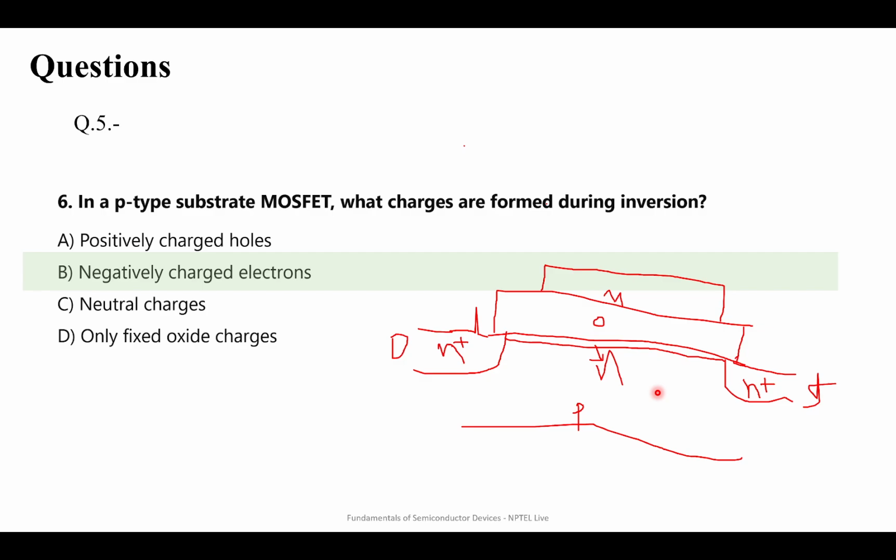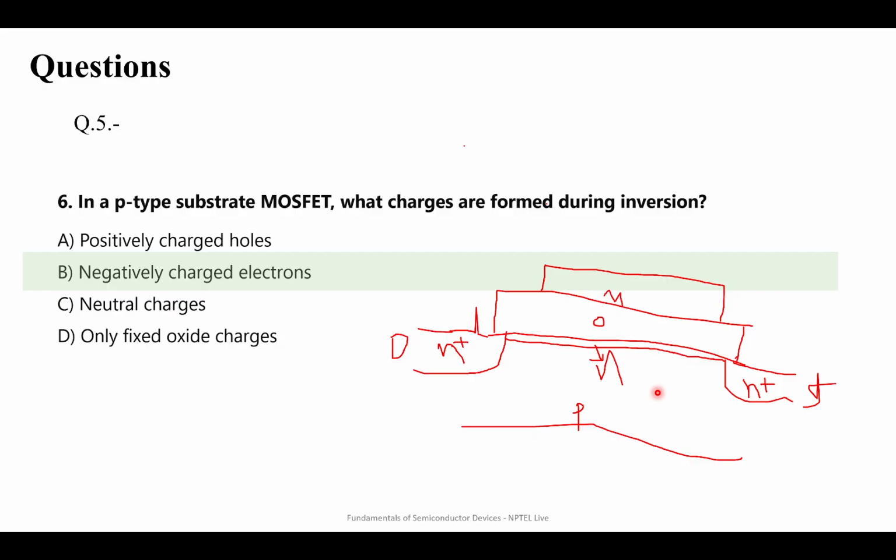Sir, I have asked you a question. Whatever you told, in case of MOS cap, we found three regions: accumulation, depletion, and inversion. But in that case, when we apply positive gate voltage, the substrate will be p type, so holes will be repelled back, and it will create a depletion region.